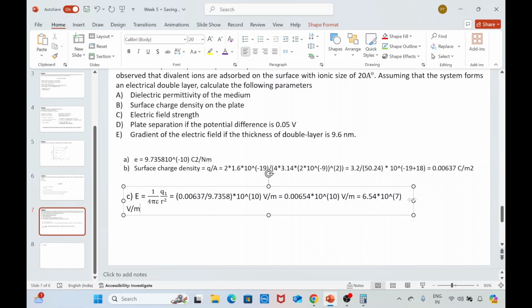So this is the value for your electric field strength, that is 6.54 times 10 to the power 7 volt per meter.